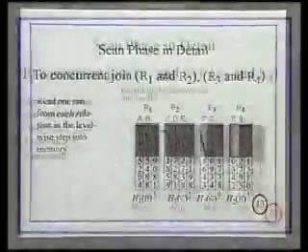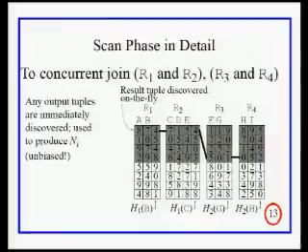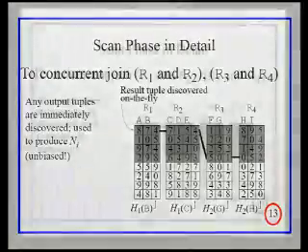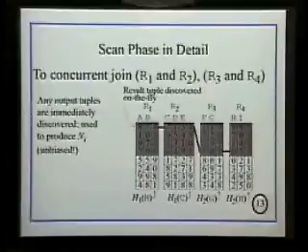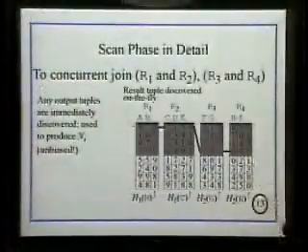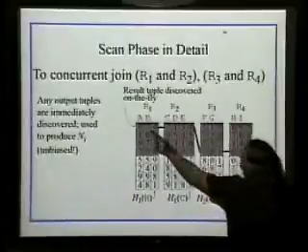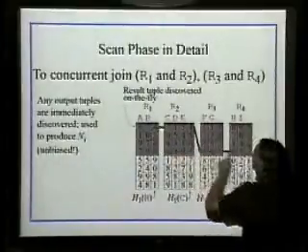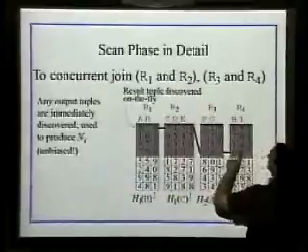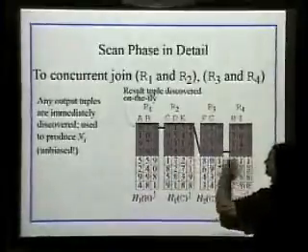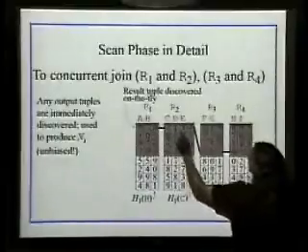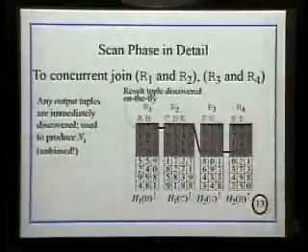After you load these from disk, all of these chatter back and forth, and they look for output tuples. Any output tuples are immediately discovered, and are used to produce this n1, if this were the first level step. We happen to be lucky enough to find one output tuple: there's a match here and here, and here and here, and here and here. So we got lucky and we got one.